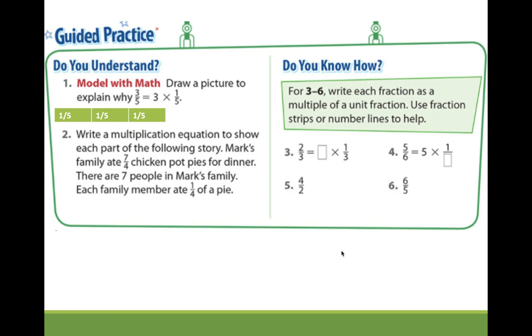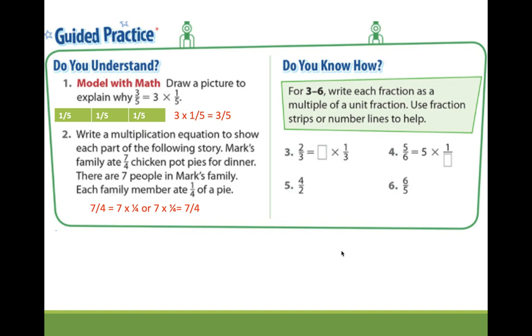So let's look at that. 7/4 is equal to 7 times 1/4, or 7 times 1/4 is equal to 7/4, because 7 is my numerator, and I know that the parts are 1/4 to get to my whole, so 7 times 1/4.